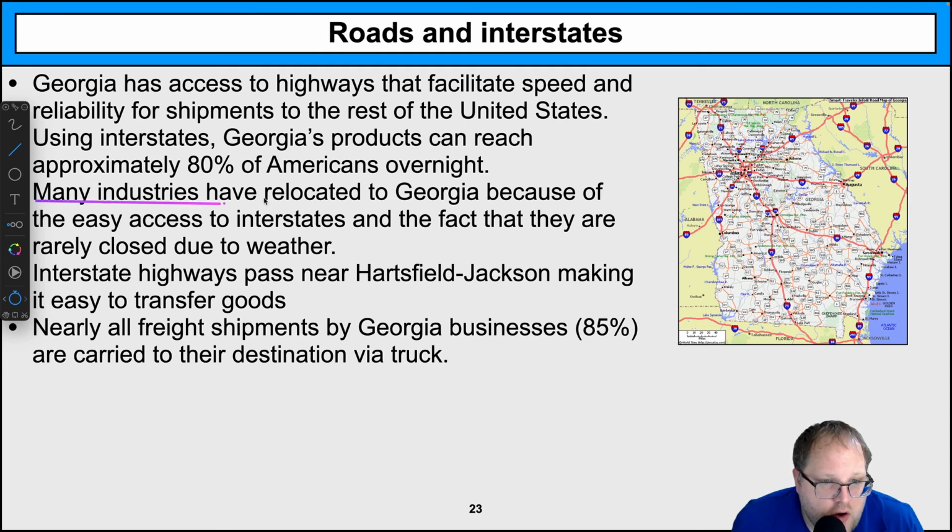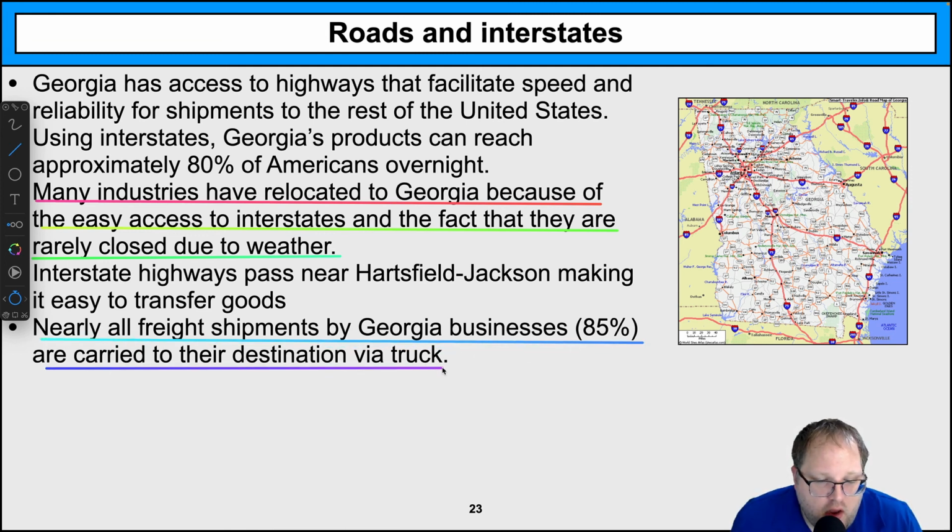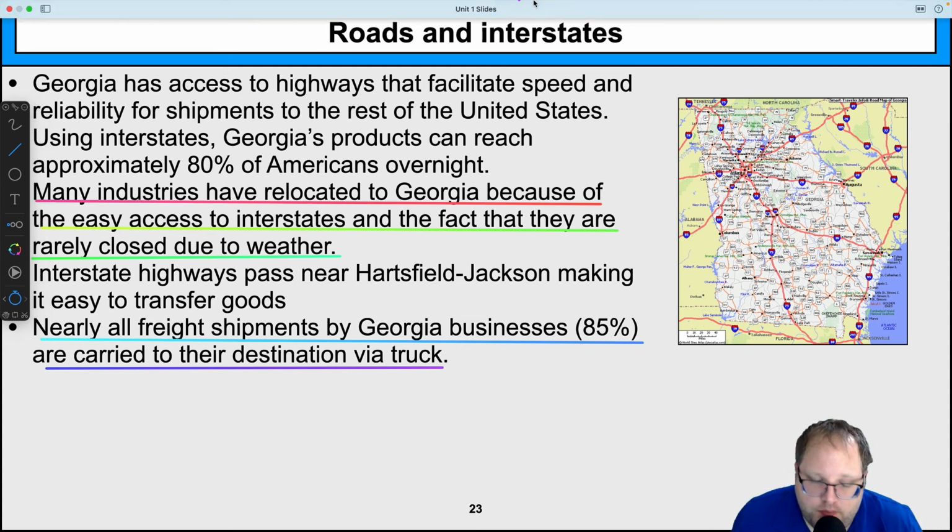If you look right here, because of Georgia's fairly mild weather, we very rarely have our roads shut down due to things like snow or ice or flooding. A lot of businesses will want to move here because they know that their roads will always be accessible. We want to know that the roads here are used to deliver about 85% of all goods that are carried to their final destination by truck.